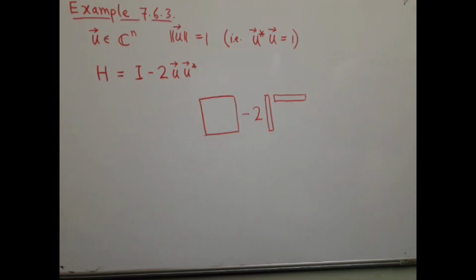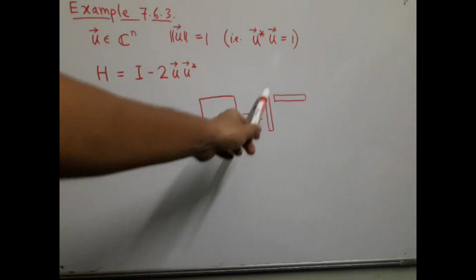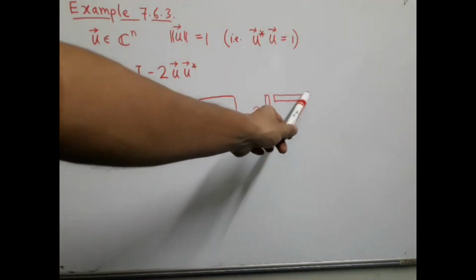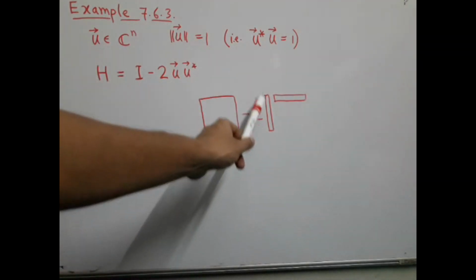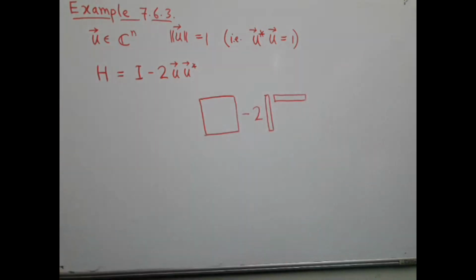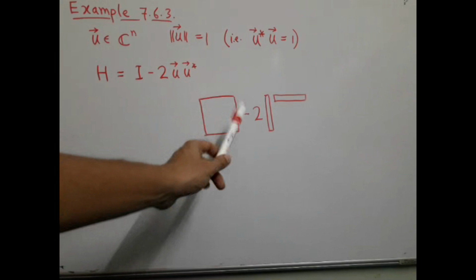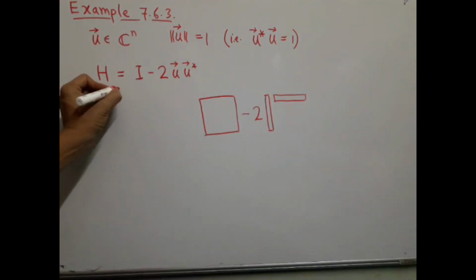Let us clearly understand the structure of the matrix. I start with the square matrix, the identity matrix, then I have this column vector and then this row vector. u star is the row vector. So this product, the product of these 2 skinny vectors, is actually a big fat square matrix of the same size as this. So H here is actually n by n.